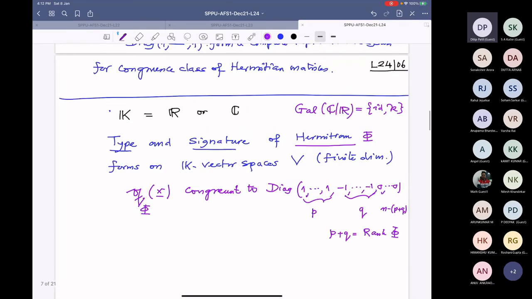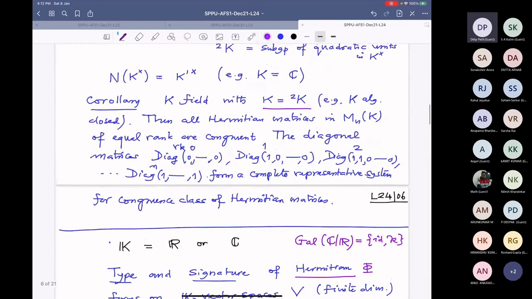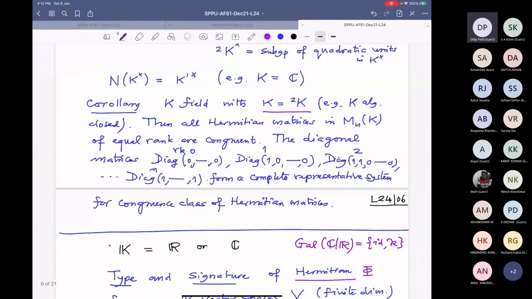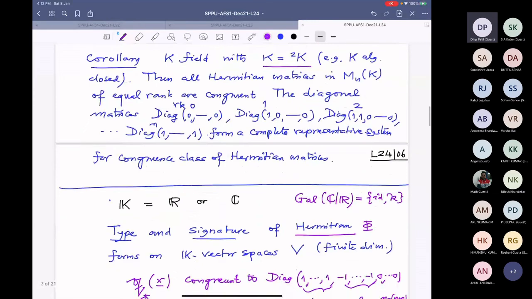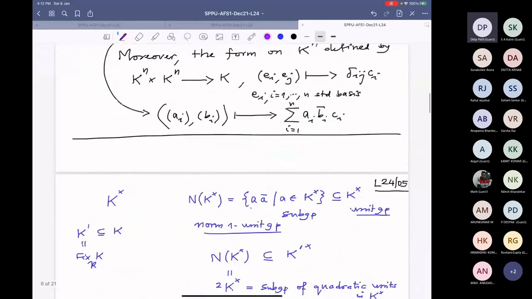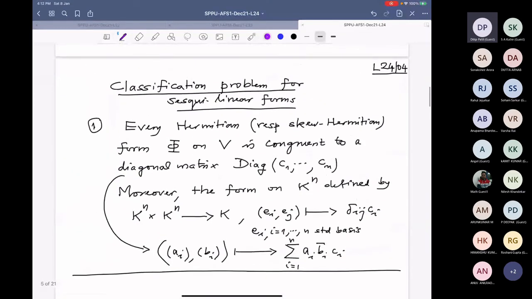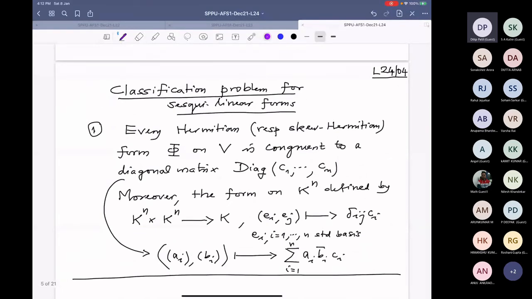That is what it says. You see here, it says that we can make it a diagonal matrix. In this diagonal matrix, some are positive, some are negative, and some are zero.